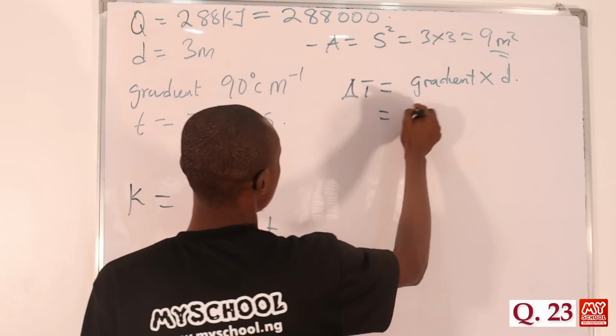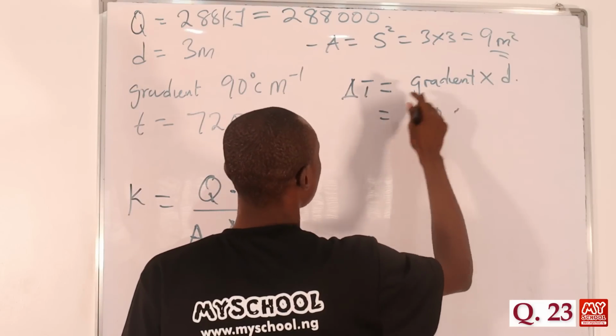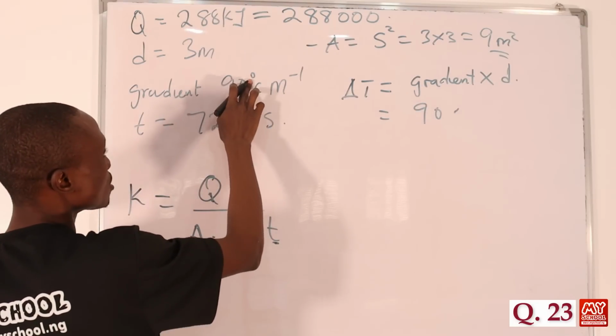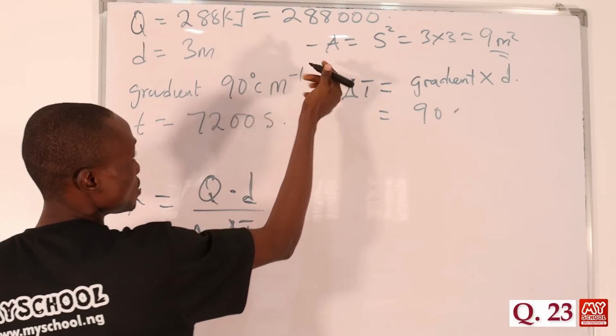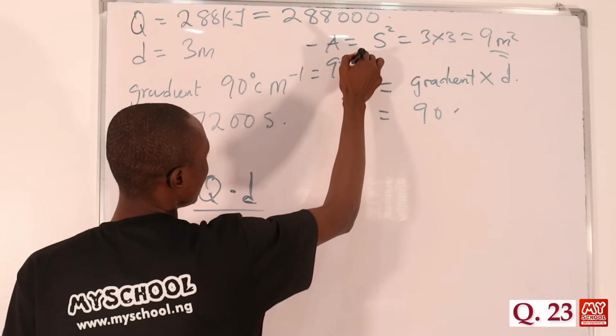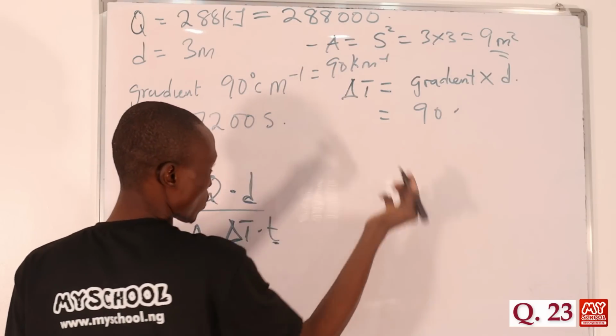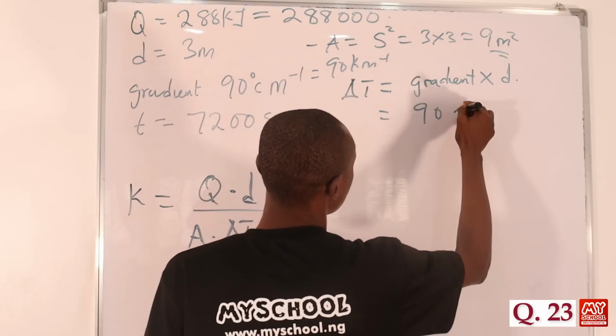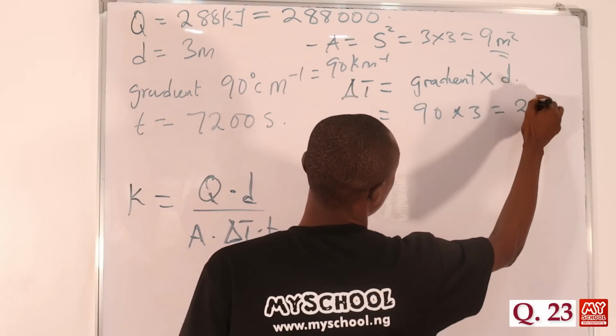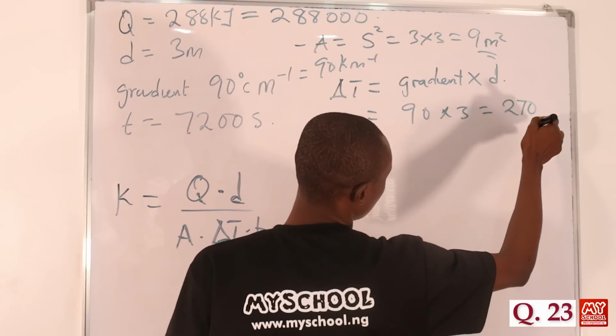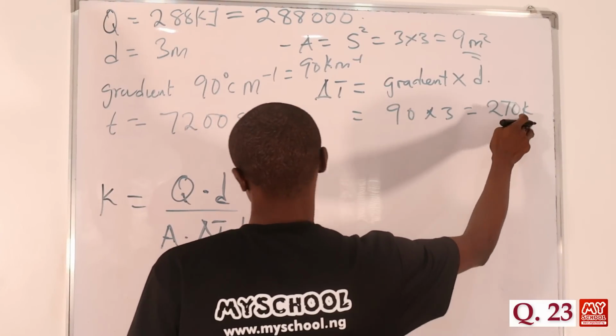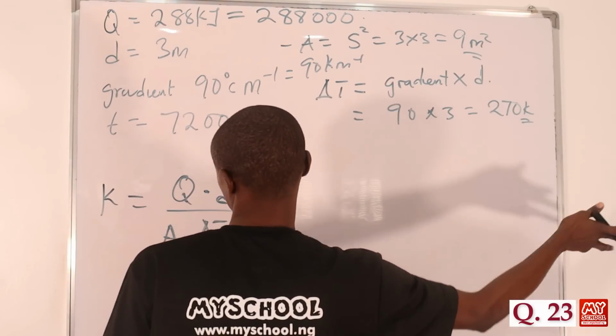We have 90 times, and remember that 90 degrees per meter is the same thing as 90 Kelvin per meter. If we multiply 90 by 3, we have 270 Kelvin, which is our change in temperature.